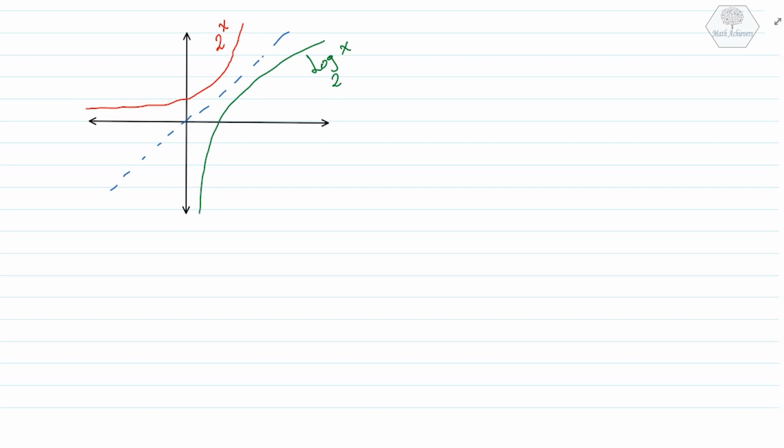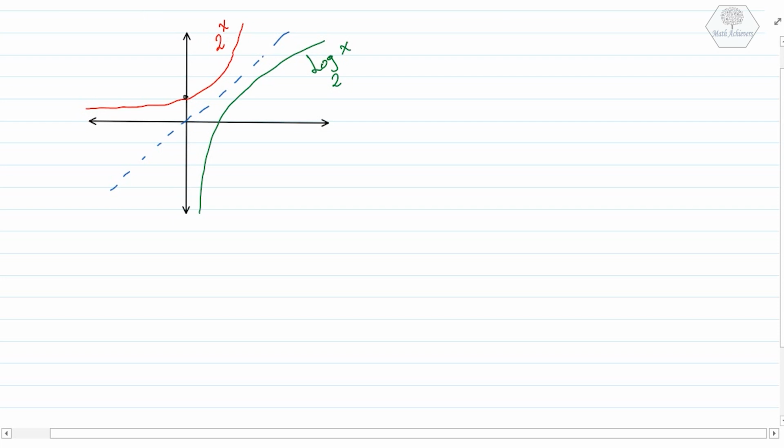Here I'm having an intersection at 1 with 0. If we can see, for the log function I can't have a negative value in the x, and it can't take a 0, because here I'm having an asymptote for the log at x equal to 0.